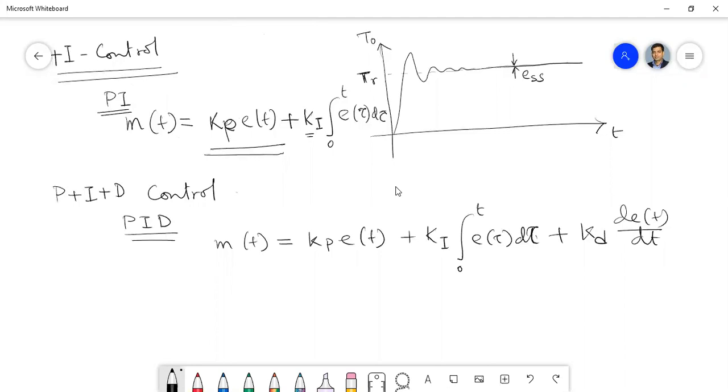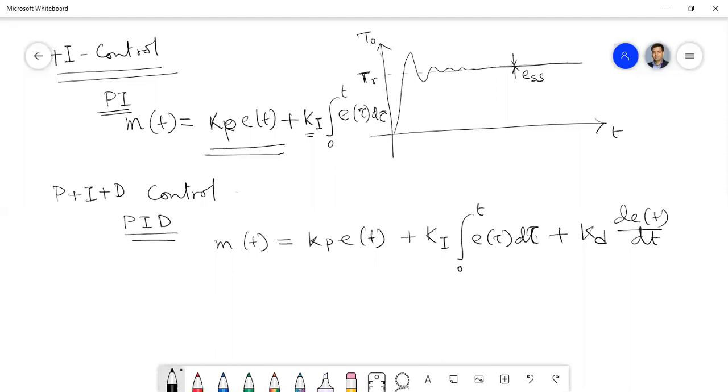Now I just told that PID controller is a very good controller because it gives you better response in steady state as well as in transient. This integral part improves the steady state.